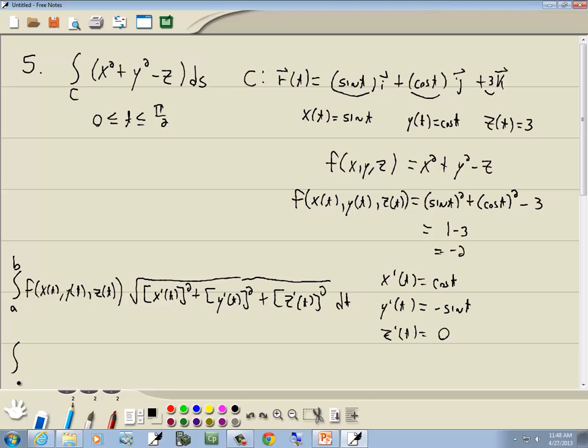Okay, well we said t is going from 0 to pi over 2. Now f of all that is equal to negative 2, we said. So we got negative 2.